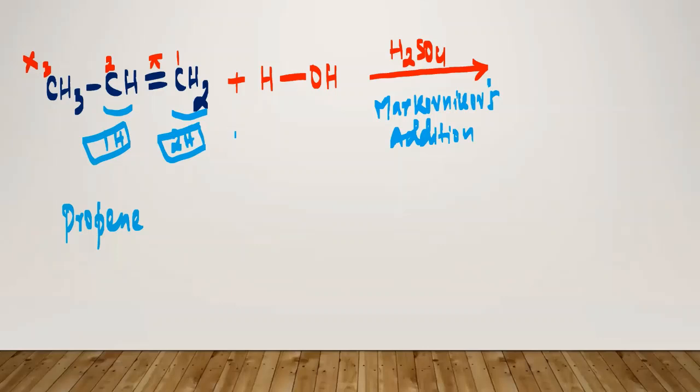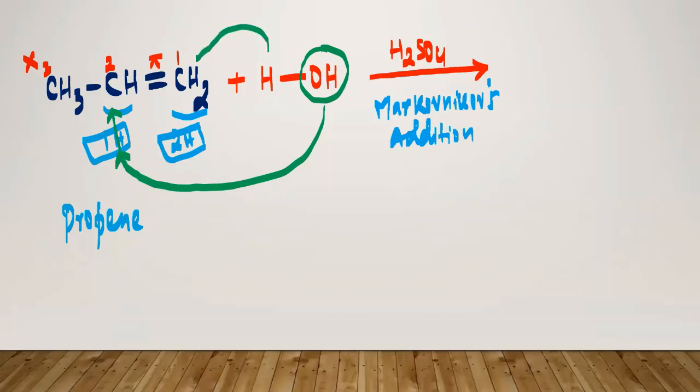When we talk of Markovnikov's rule, remember that the OH group will attack the carbon which has less number of hydrogens. So it will attack carbon number 2, and then obviously the H will go to carbon number 1. And this pi bond you have to break. Now, my dear friends, what is the product here?